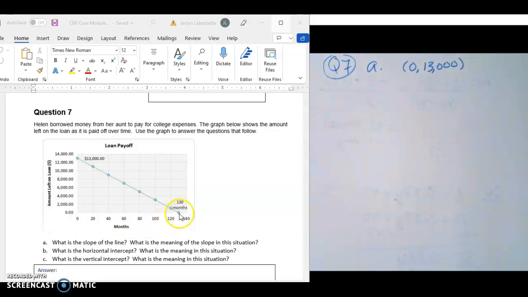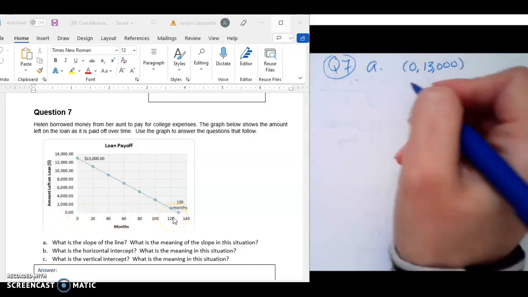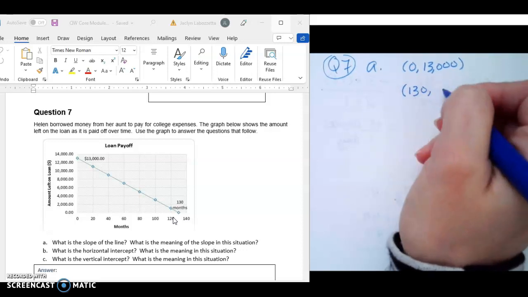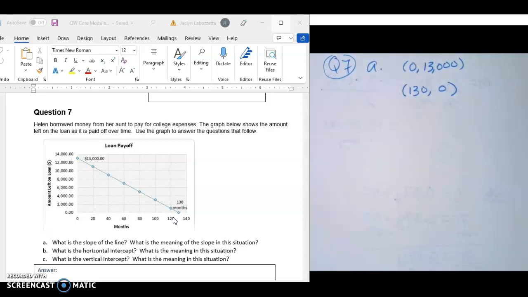Another ordered pair would be here, and again, you could pick any of these. This one wouldn't be so bad to read. I'm going to pick this one. So at 130 months, the amount left on the loan would be 0. So that ordered pair would be 130, 0. Once again, we can use our slope formula.